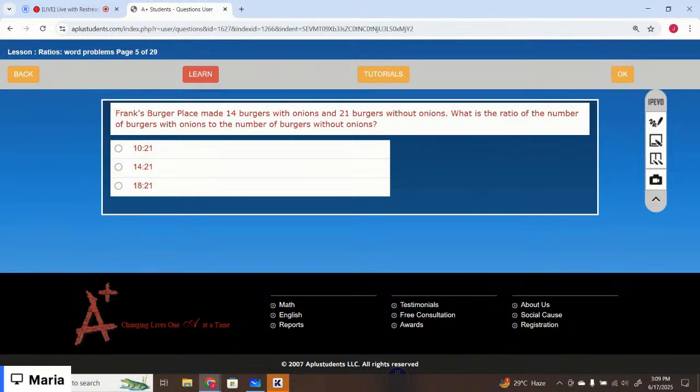A burger place made 14 burgers with onions and only 1 burger without onions. What is the ratio of the number of burgers with onions to the number of burgers without onions?